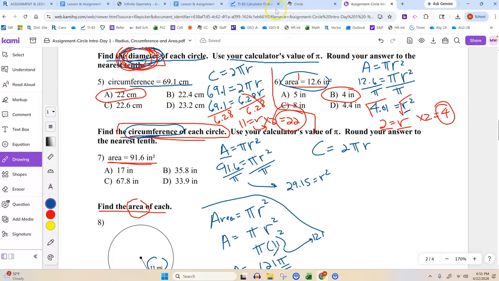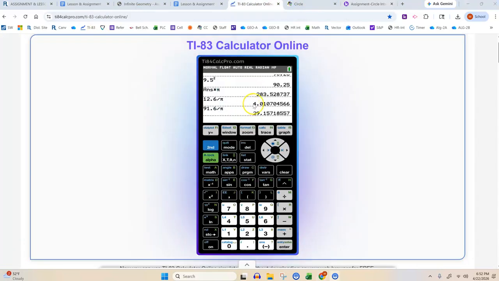And then what we have to do is take the square root. So we go 29.15. Oh, actually, I'm supposed to do the square root first. Sorry, I go second square root, 29.15, enter. So I get 5.39.